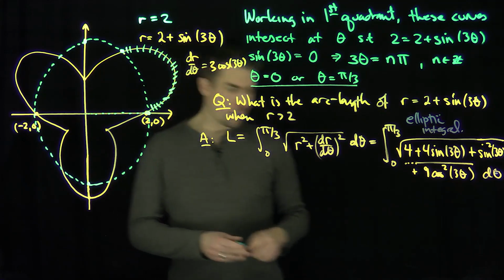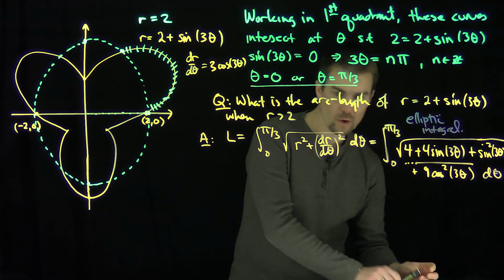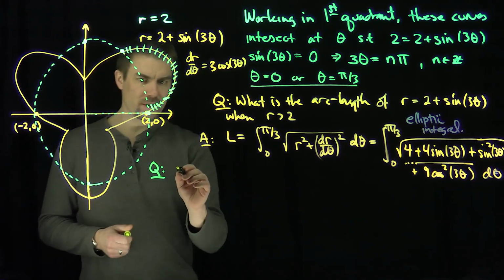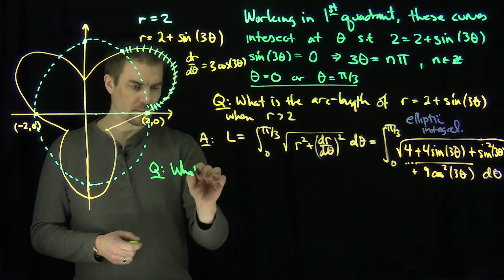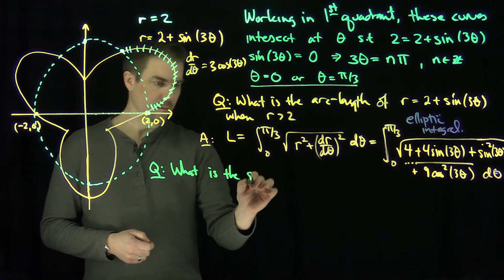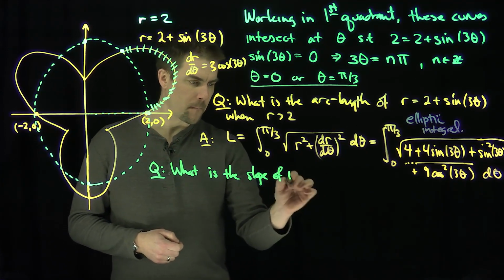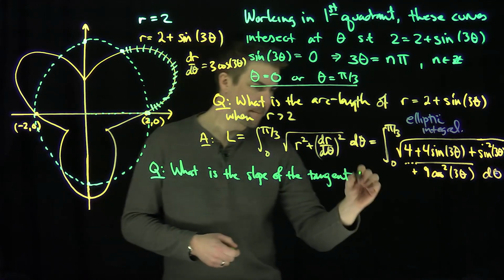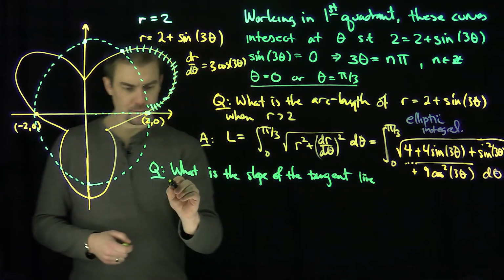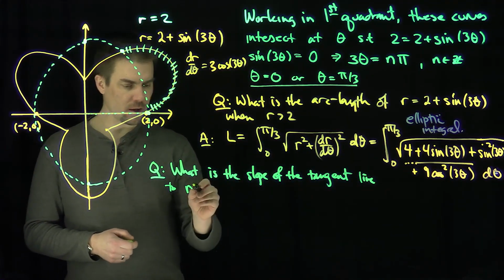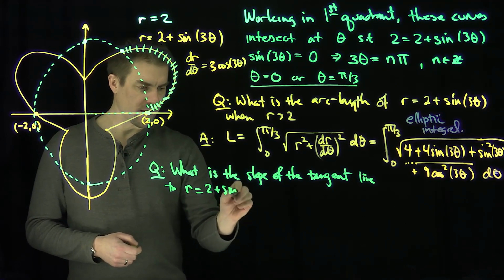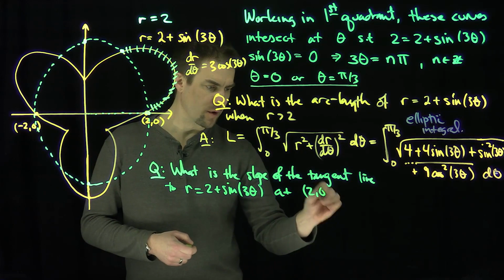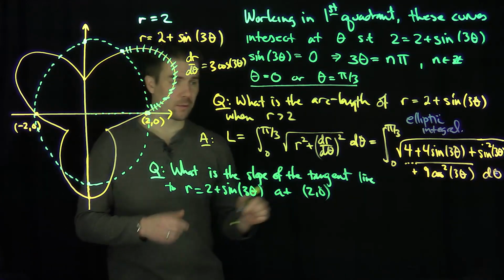All right. Final question over here. Question: what is the slope of the tangent line to r equals 2 plus the sine of 3 theta at the point (2, 0), which corresponds to theta being equal to 0.